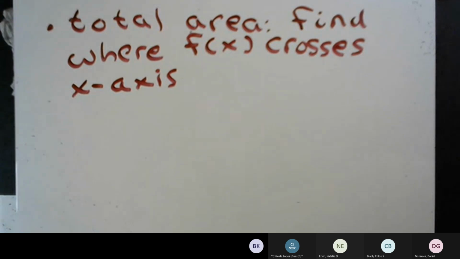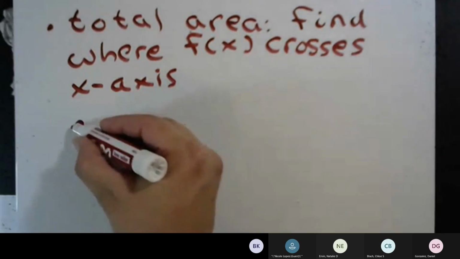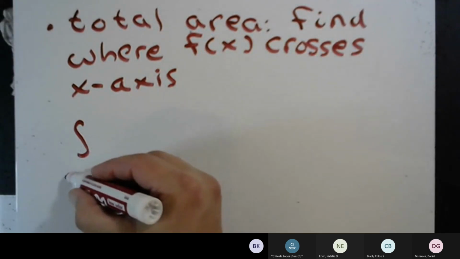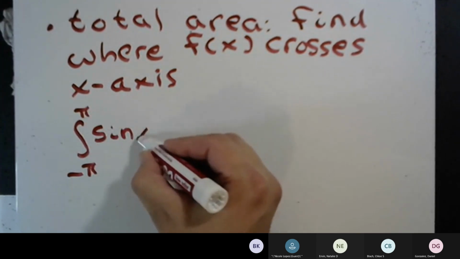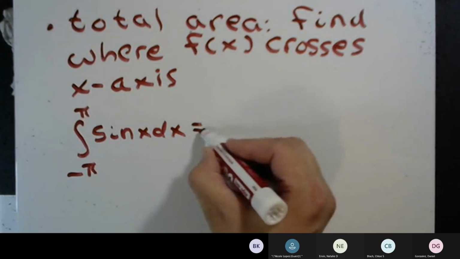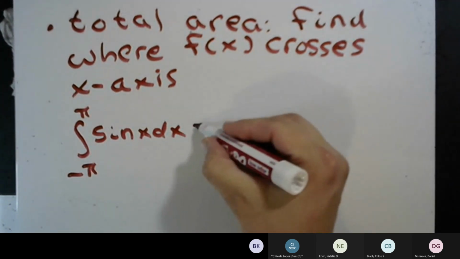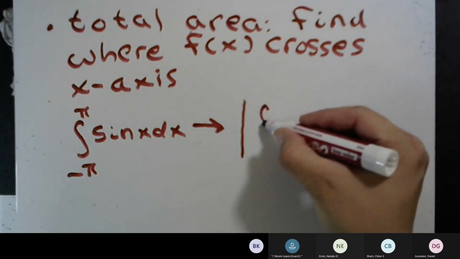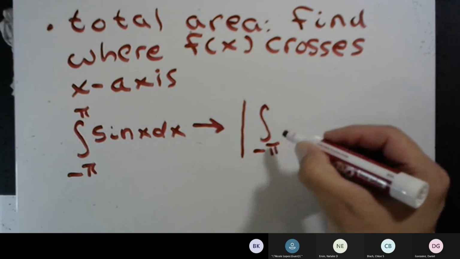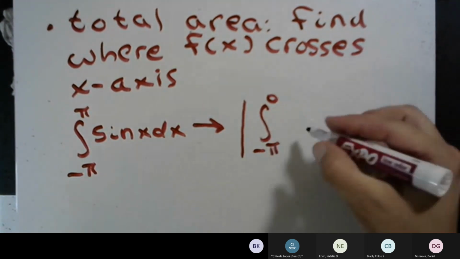This is one way you can do it. Another way you can do it is you can use these crossings. We're going to need these crossings actually. We're going to break this up to find the total area from negative pi to 0, because this function crosses the x-axis at 0.